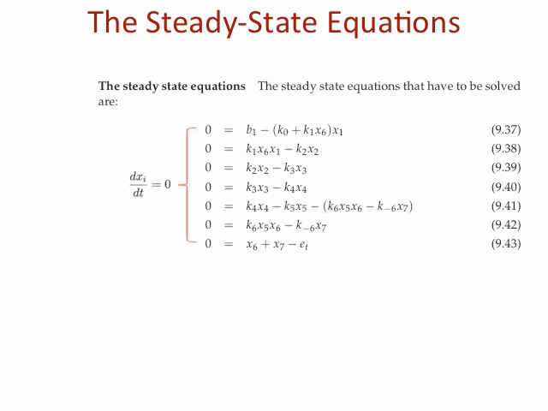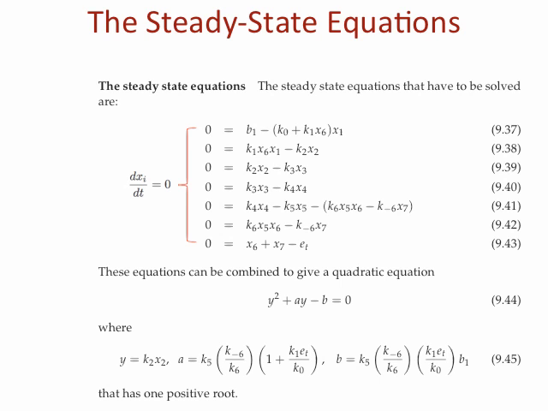Steady state equations are, of course, generated by putting all the time derivatives to 0. And in this particular case, all these steady state equations, all 6 of them, can be combined into one simple quadratic equation that we can solve. There are two dimensionless parameters here, A and B, that determine what the steady state is. You can also find these by simply numerically solving these 6 equations.